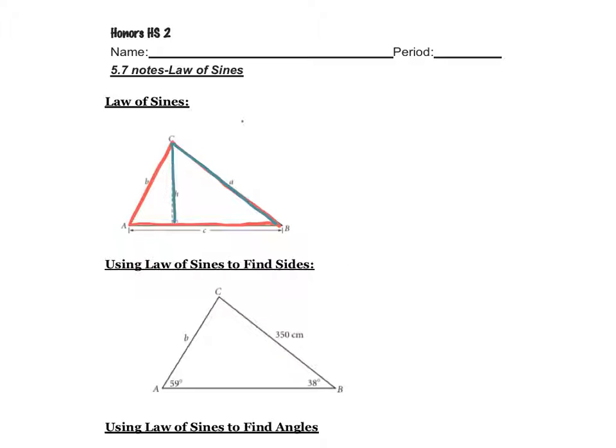if I have this right triangle in here, it is true that sine of B equals opposite, so H, over the hypotenuse A. It is also true that sine of angle A equals H over the hypotenuse B. All right, both of those things are true.